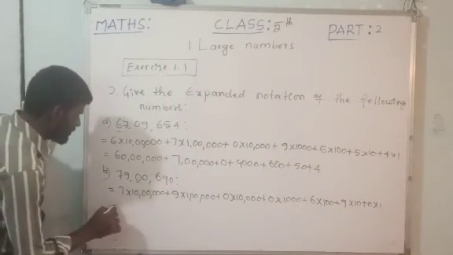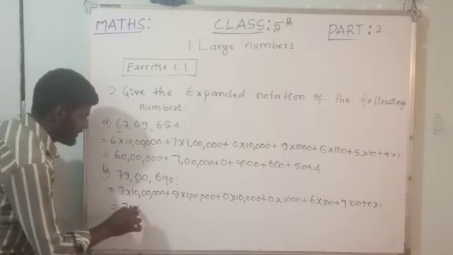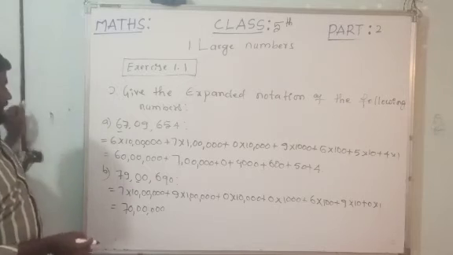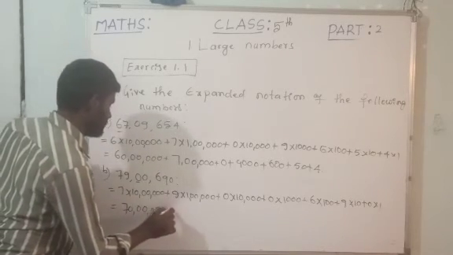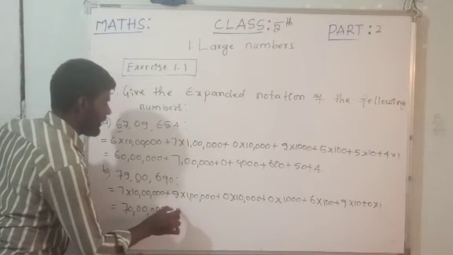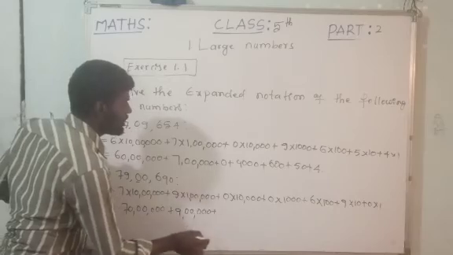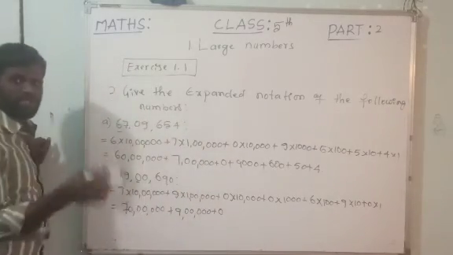If I expand this one, 7 into 10 lakh means 70 lakh. Okay, then 9 is present in the place of lakh, 9 lakh. Then 0 into 10,000 means 0, because any number multiplied with 0 is 0.